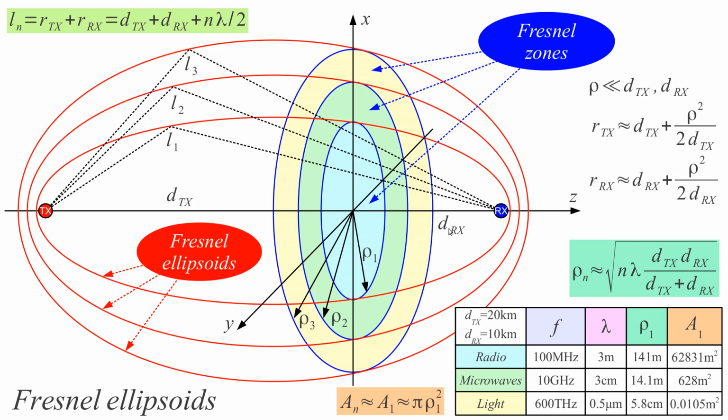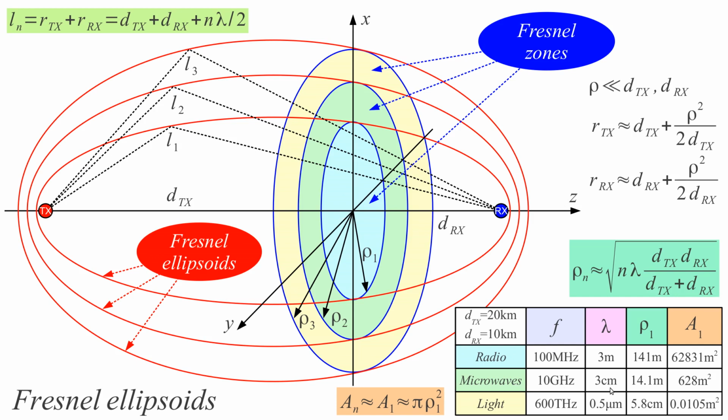And here I calculated a few examples: radio broadcast at 100 megahertz, microwaves at 10 gigahertz, light at 600 terahertz, with a distance from the transmitter of 20 kilometers and 10 kilometers to the receiver. 100 megahertz is 3 meters wavelength, so here the radius of the first Fresnel zone is 140 meters, quite large at low frequencies.